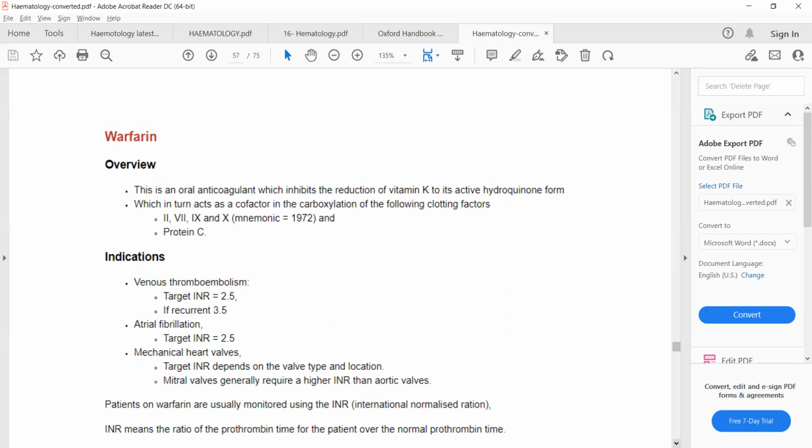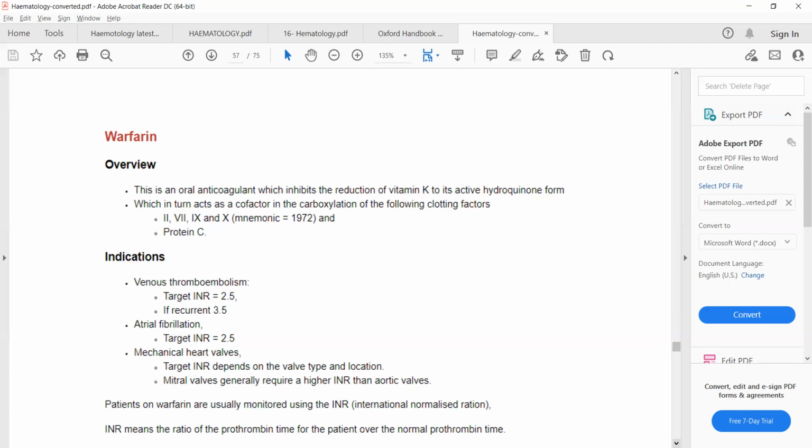So what is the target INR in these different conditions? The target INR in venous thromboembolism is 2.5. And if venous thromboembolism is recurrent, then the target INR will be 3.5. In atrial fibrillation, the target INR is 2.5. And in mechanical heart valves, the target INR is between 3 to 4.